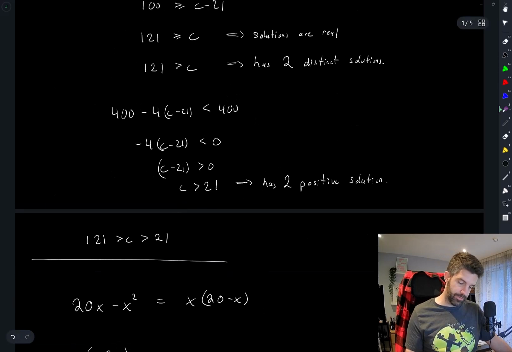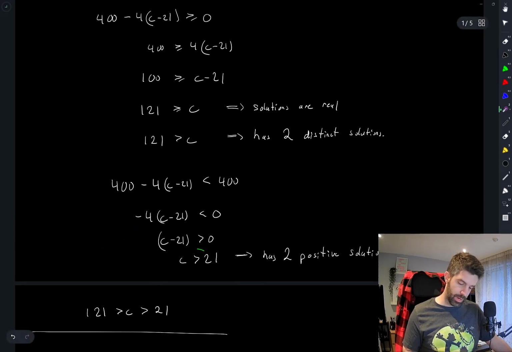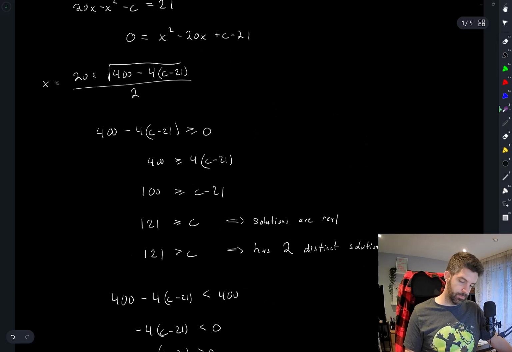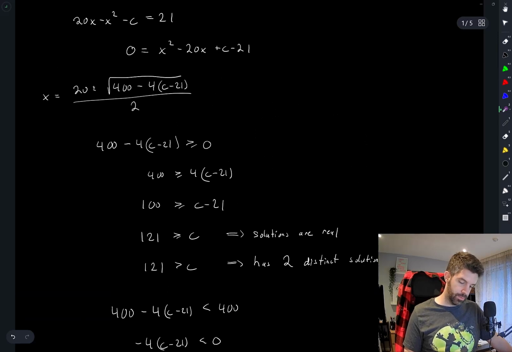What did I derive here? I derived c greater than 21, which is one of the conditions we need that I had from below. But this one seems to be something. Did I do something wrong here? Should this be a c plus 21 or something like that? I don't know.